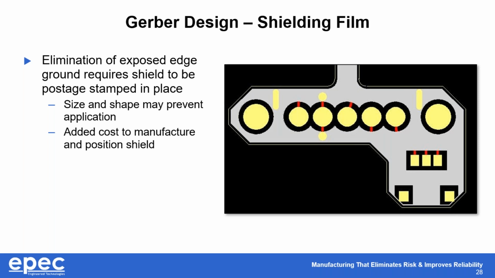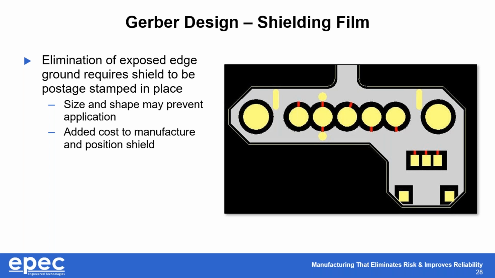Now, there can be some limitations to the size and shape of the application. This kind of opens a little bit of Pandora's box, where if you have very, very small shielding areas or very, very intricate shape of shields, having it extend to the part outline eliminates those complexities because we're not worried about trying to create the profile of the shield independent from that of the flex.